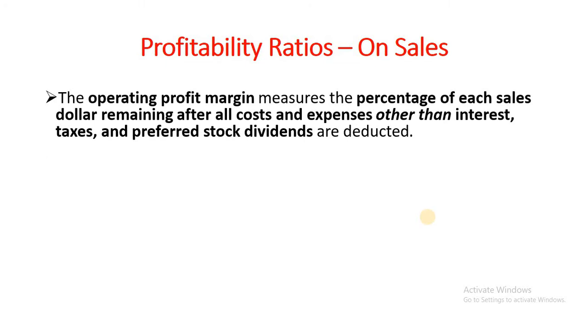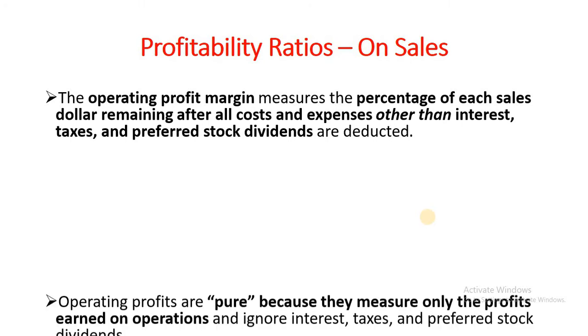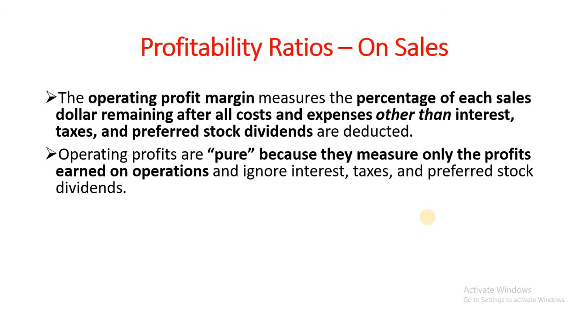Operating profit margin measures the firm's profitability on sales after deducting all expenses except interest, taxes, and preferred stock dividends. Operating profit is also known as true profit for the firm because it measures only profit earned on the operation, and operating profits ignore interest, taxes, and preferred stock dividends.